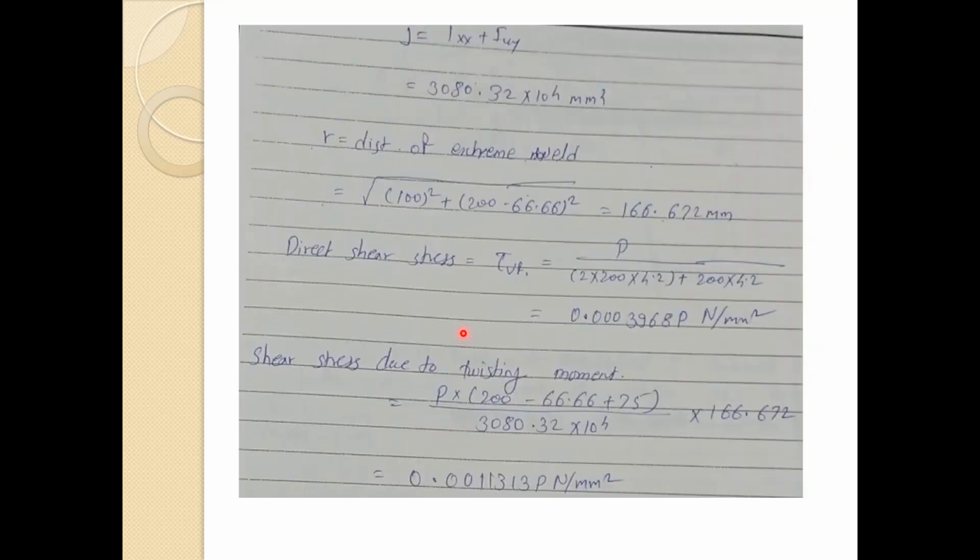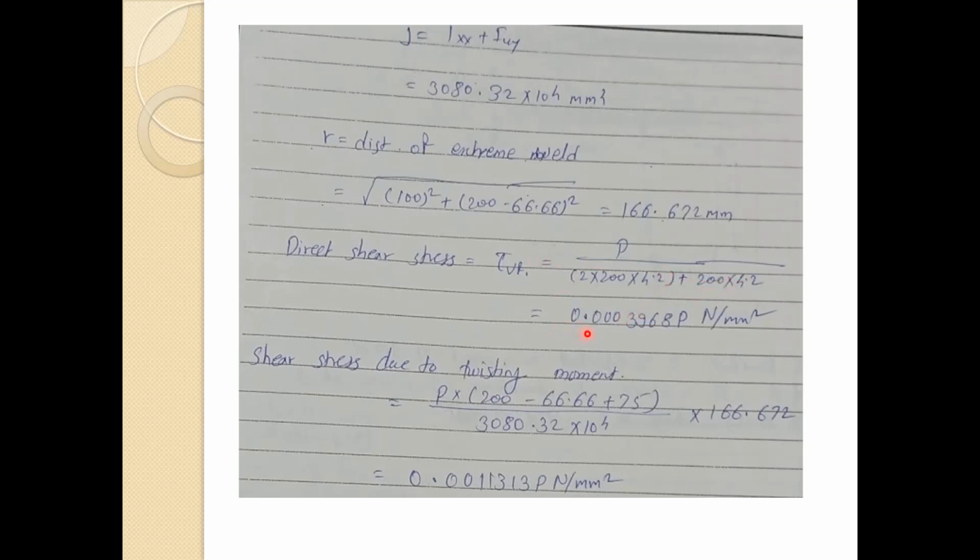So here we are using that theorem, that is under root 100 square plus 200 minus 66.66 square, we will get 166.67 mm. And the direct shear stress, that is tau f1, that is P divided by the area of the weld, that is 2 into 200 into 4.2 plus 200 into 4.2, that is area of 3 welds.